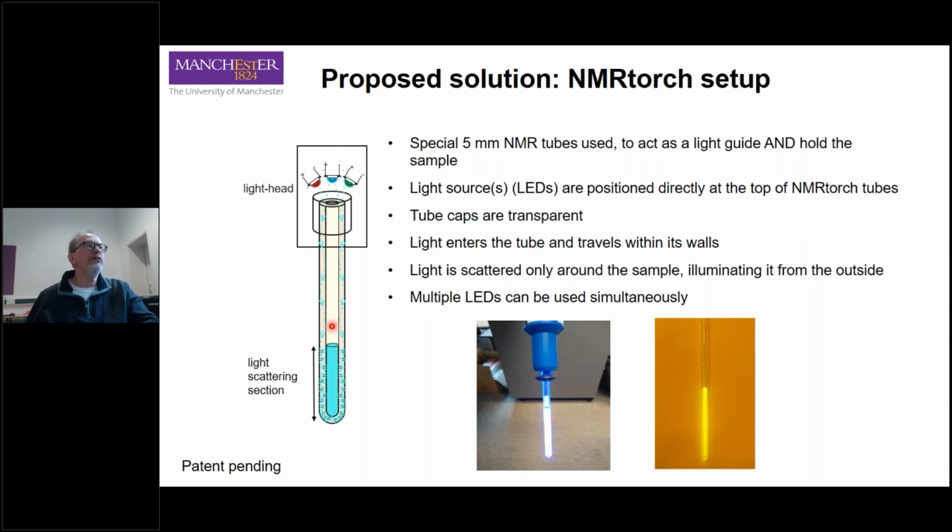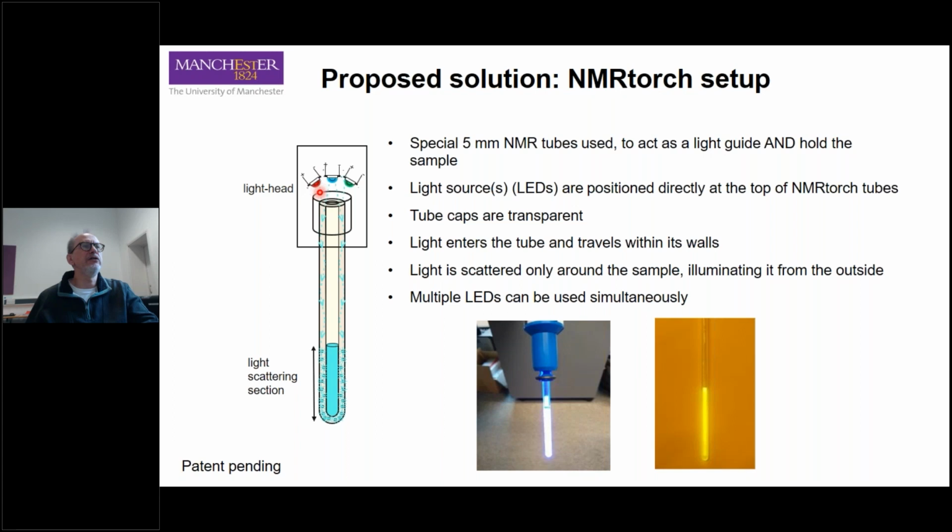As an example shown here, a special 5 mm NMR sample tube holds the sample and at the same time acts as a light guide. LEDs here are positioned directly at the top of NMR torch tube.